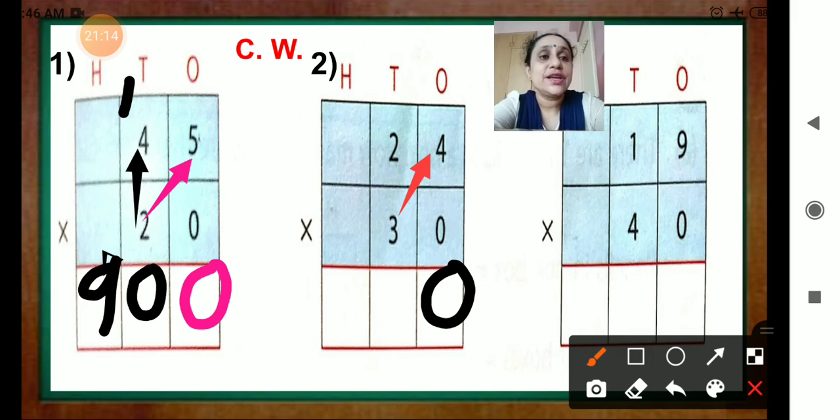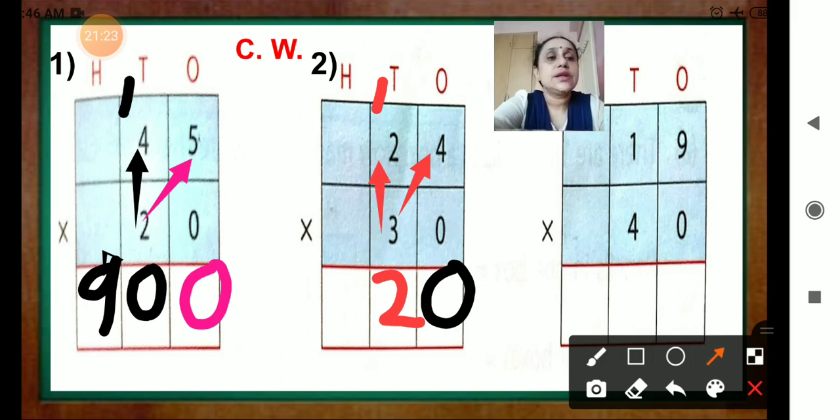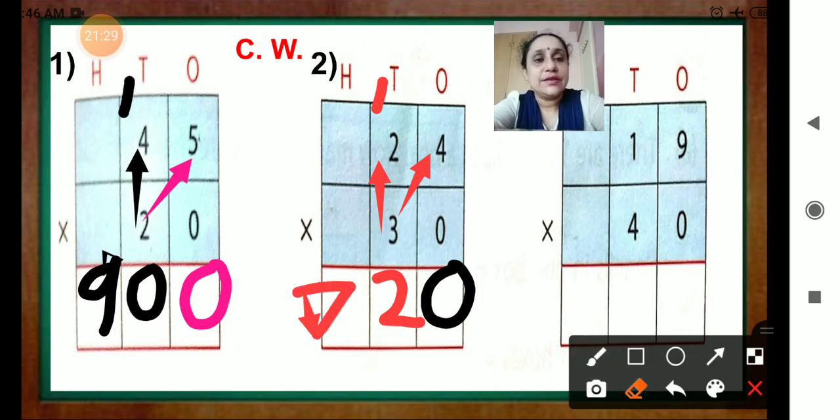How much you are getting? 12. Write 2 and 1 will be carried over here. Now 3 2s are 6. 6 plus 1, 7. 720.